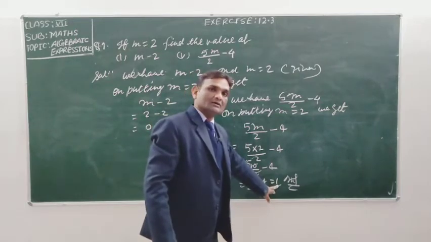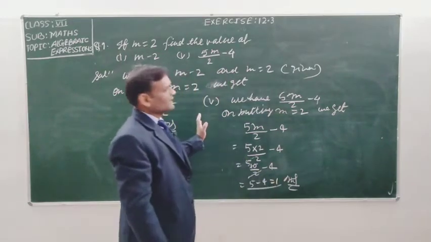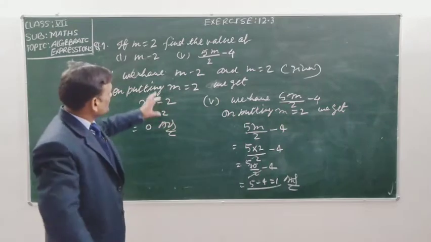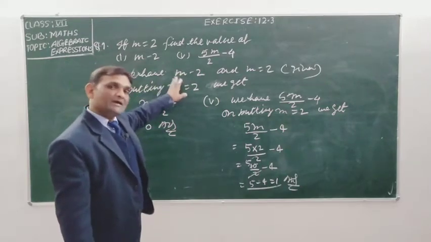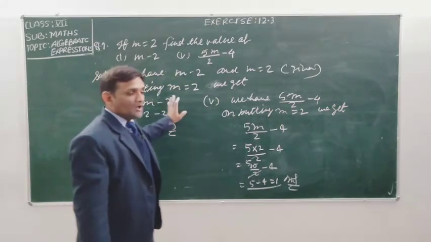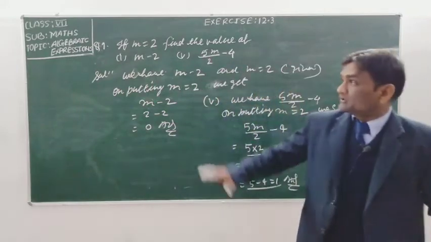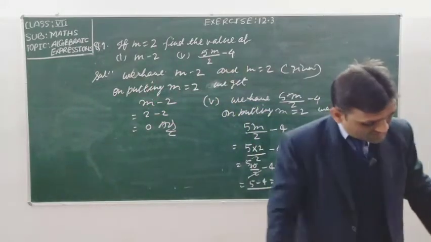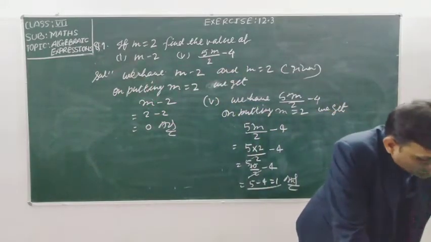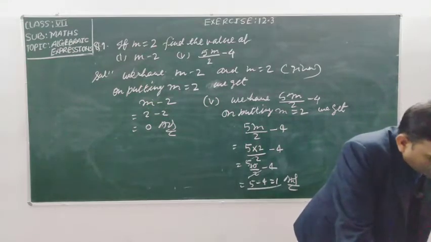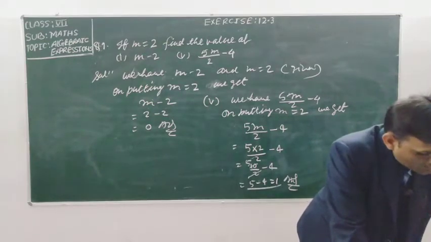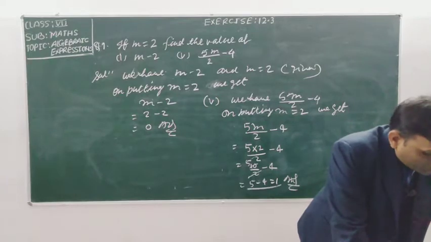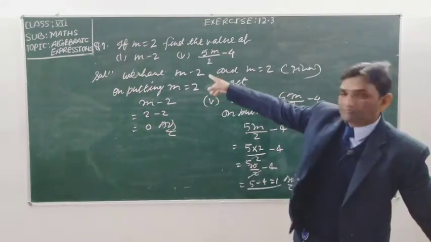So student, this question is very easy. You only need to put the value of the given variable in the expression. If you are able to understand question number first, it means you can solve question number second, third, fourth and fifth also. Questions second, third, fourth and fifth are the same.